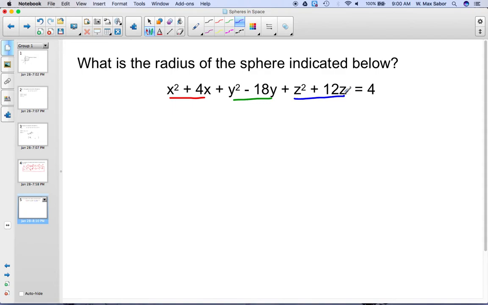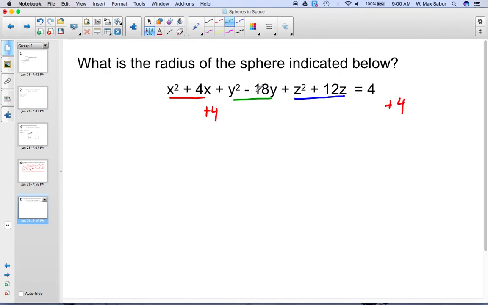So the way that we do that is completing the square. If you've forgotten how to complete the square, go back, find some videos on completing the square. But the basic idea is that we're taking half of the b term and squaring it and adding it to both sides. So for the x, we're taking half of 4 is 2, squaring that is 4, so we're adding that to both sides.